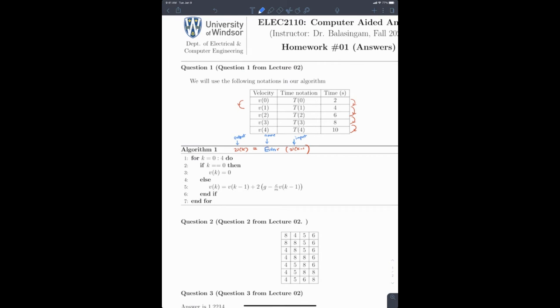If you are programming in C++, maybe you will create a function that takes vk minus 1 as input and outputs vk. In the lecture I write it as an algorithm because you can program this.